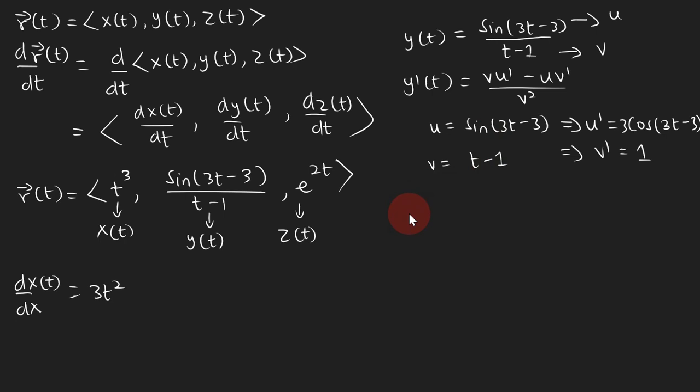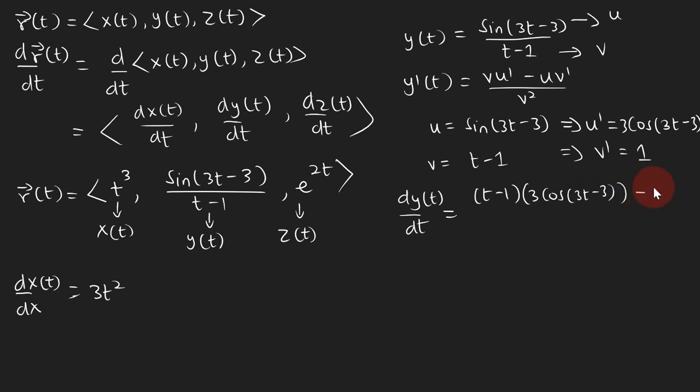So let's do the substitution. We're going to have y prime of t, which is the same as dy/dt. If you want to write dy/dt, you can write this y prime that we have here. So this should be equal to, we know v, right? That's t minus 1, multiplying u prime, which is 3 cosine of 3t minus 3, and then minus u multiplying v prime.